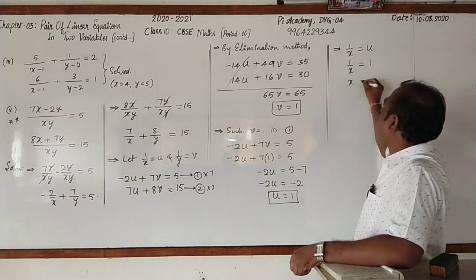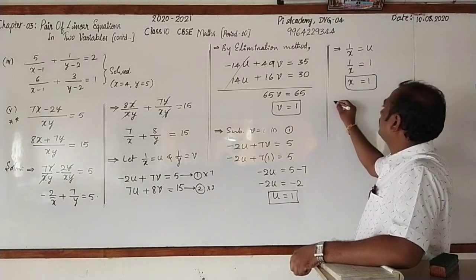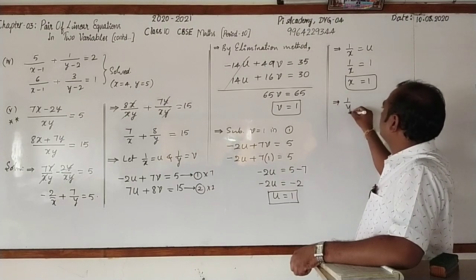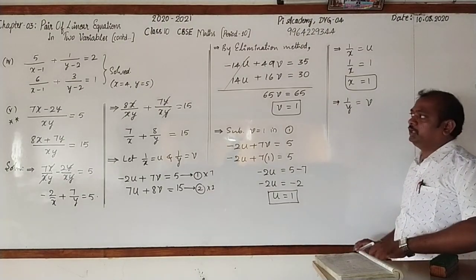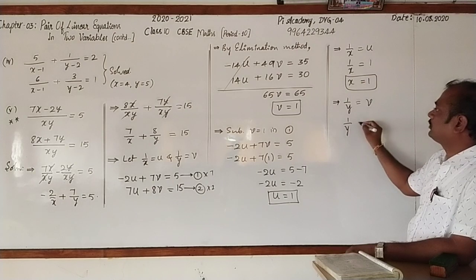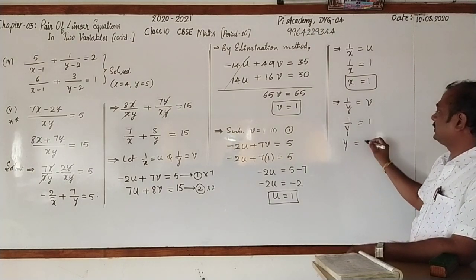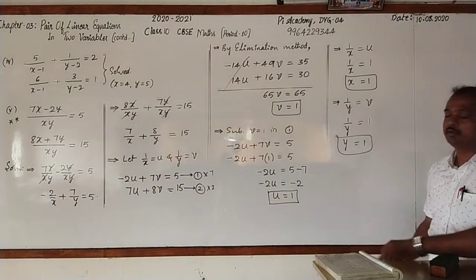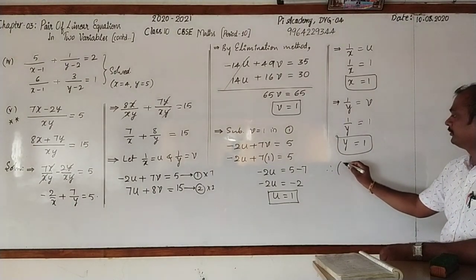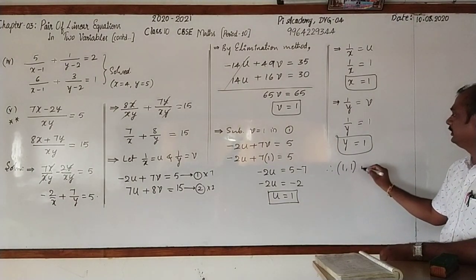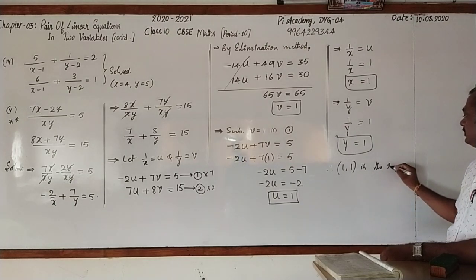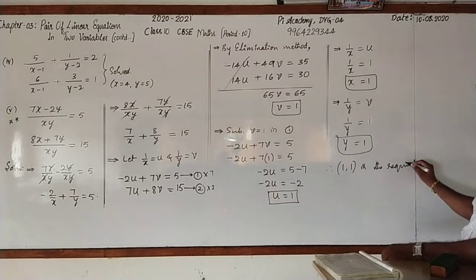What will be the value of x? That is also 1. And 1 by y is equal to v. Then 1 by y is equal to, what is v? V is also 1. Cross multiply. Y is 1. Conclusion. Therefore, 1 comma 1 is the required solution.